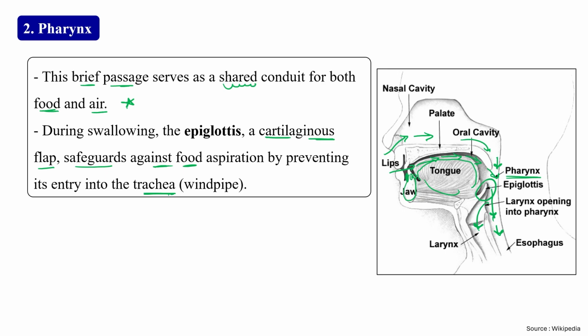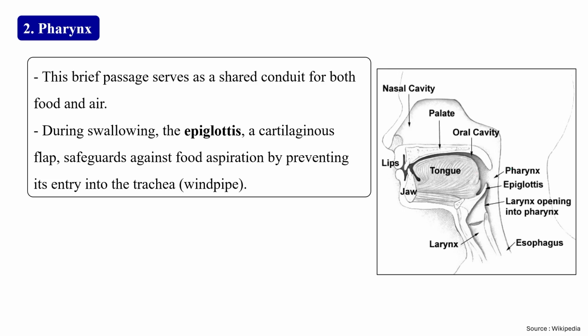Okay, so this flap, which is a cartilaginous structure, actually shuts down that area from where only air is allowed to go into the trachea. Okay, so this is the structure. Now, teeth and tongue, both are present in the oral cavity.